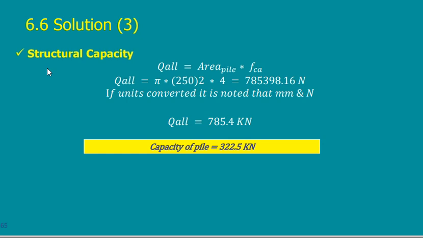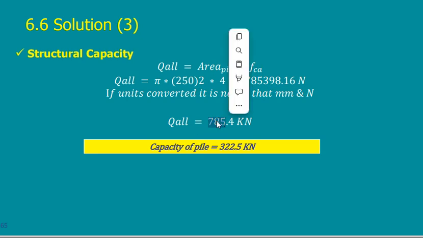It means that I have to check another thing. What is the actual capacity of the pile as a structural element or as a concrete section? So in all cases, once I finish my calculation, I have to go to the area of the pile multiplied by fc' to get what the pile can carry. So here the pile can carry 785.